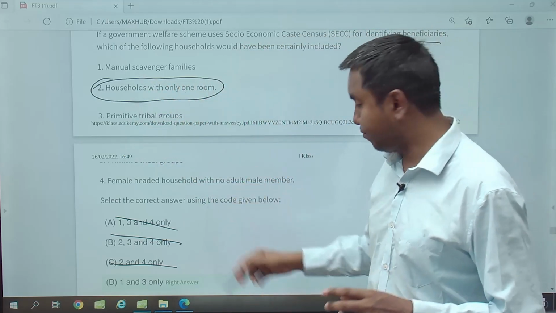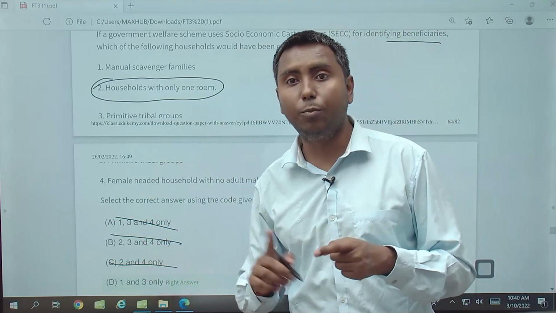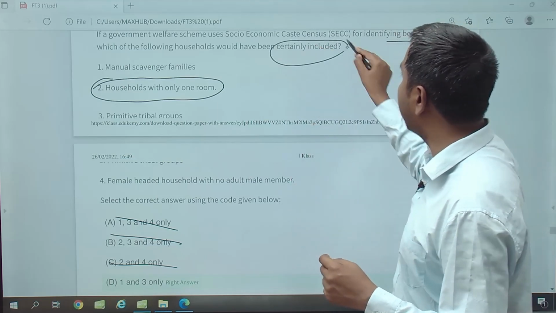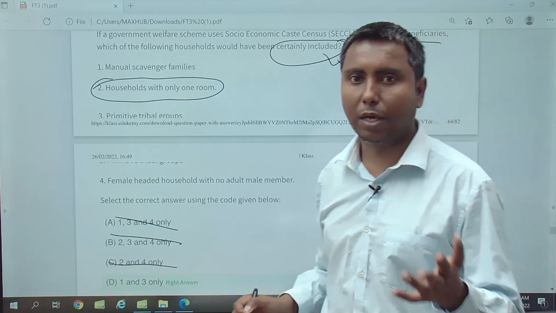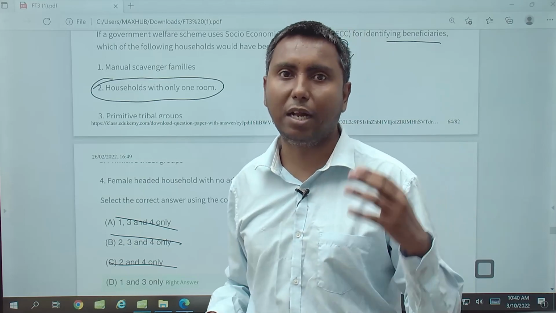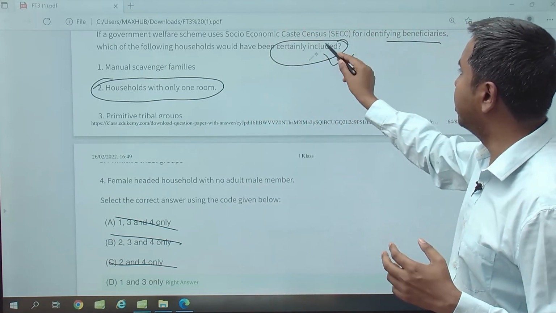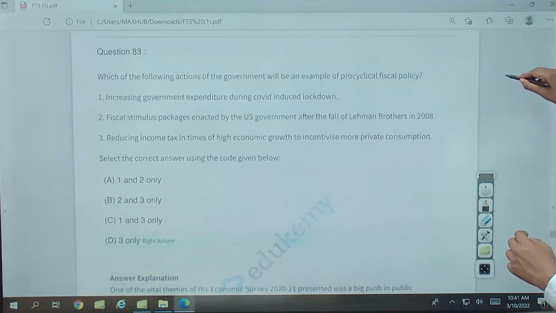Again I have solved it logically, but you should know which of the parameters are necessary to ensure mandatory inclusion. Okay. Now let's come to question number 83.